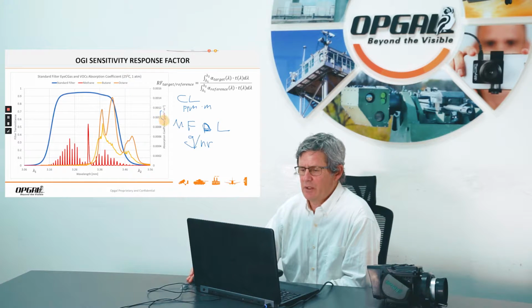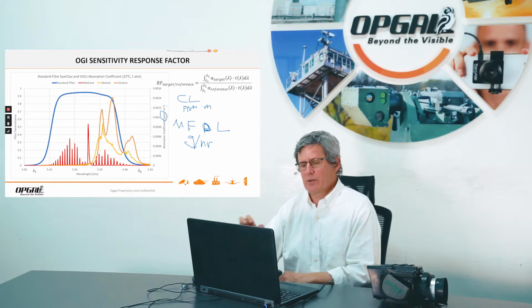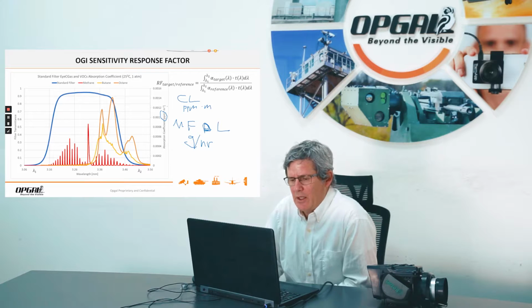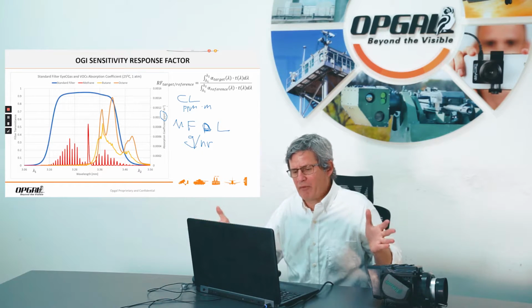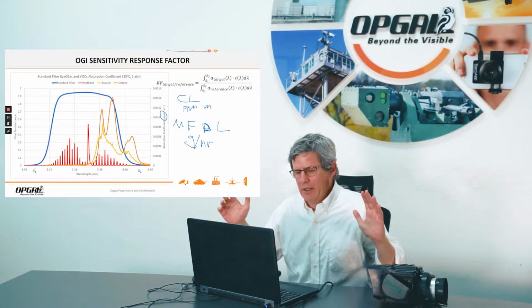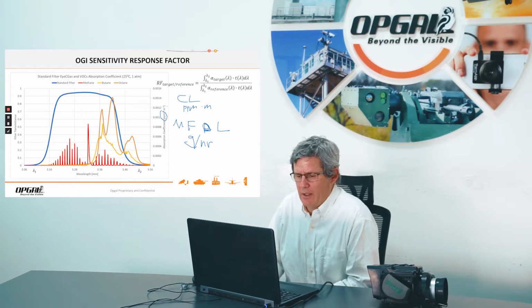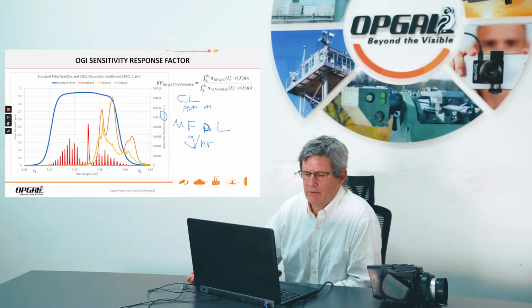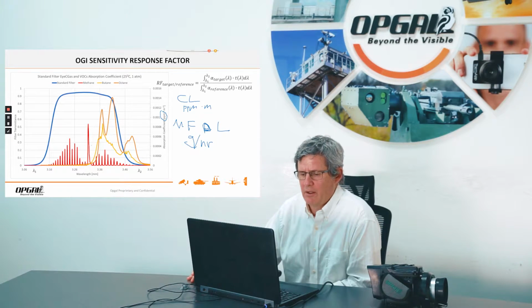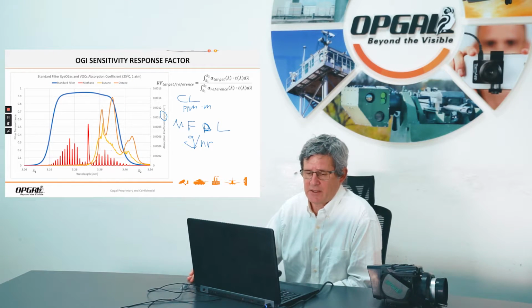You can see here ppm to the -1, meter to the -1, so that means over a path length of 1 meter, 1 ppm. These are the FTIR reference spectra, or absorption coefficients, of these three gases.